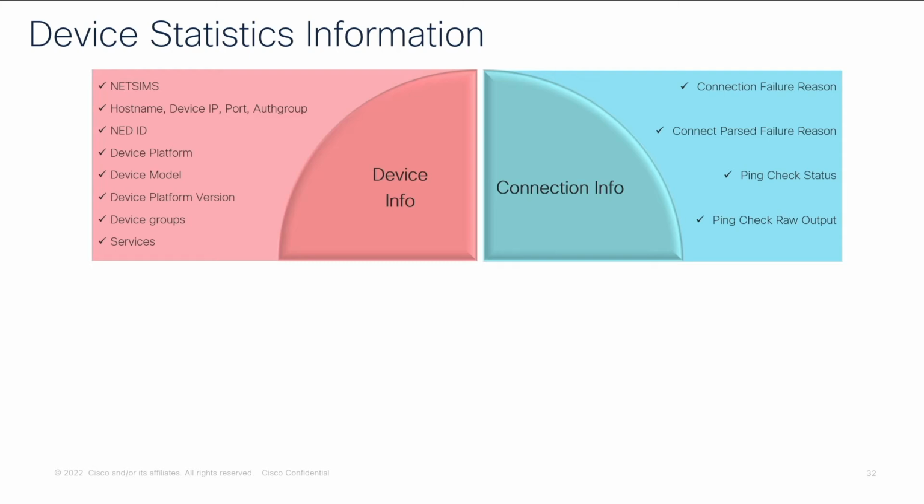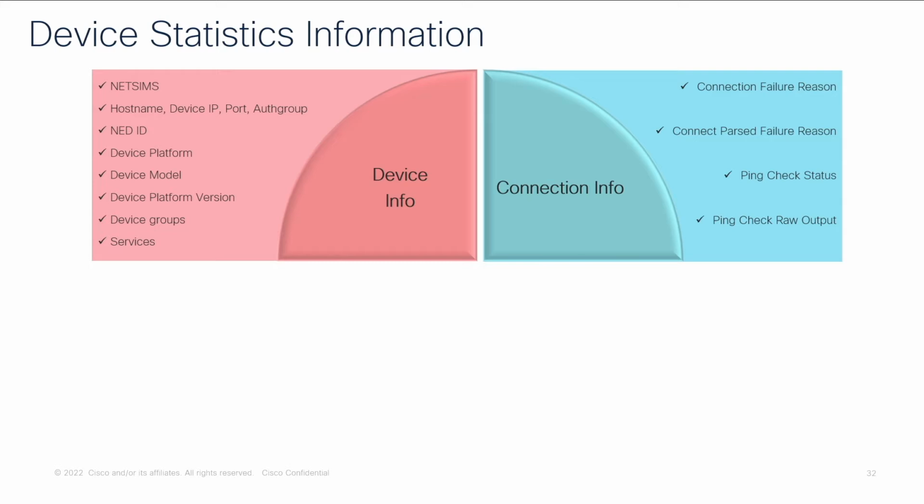The second one is connectivity information. We try to establish the connection to make sure in that environment, from the NSO server to the device through the network, we have connectivity. For that, we do the ping. If ping is successful, then we do the connection. If connection is also successful, then connection success.